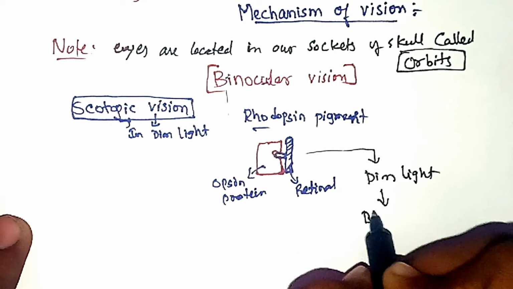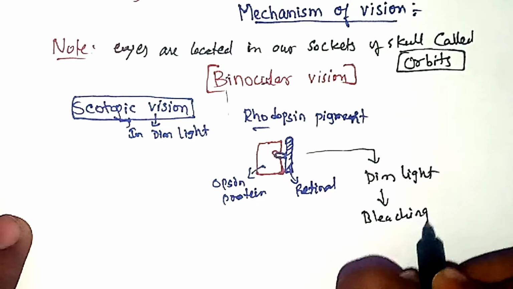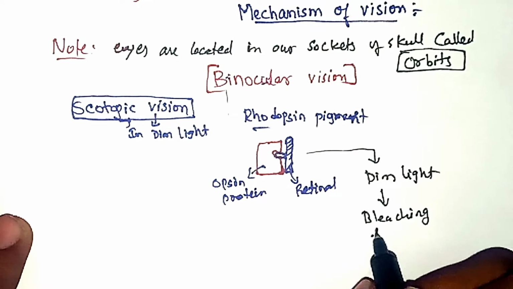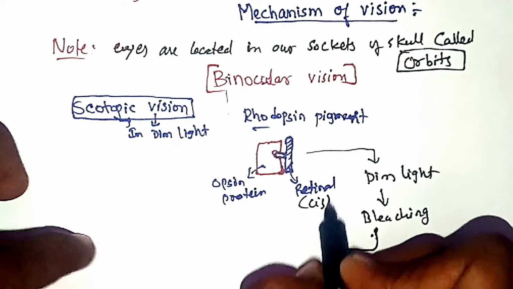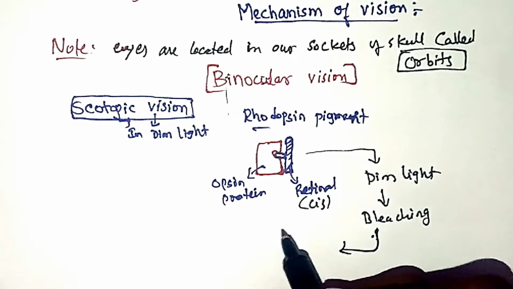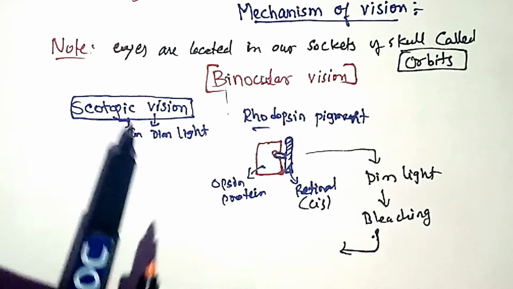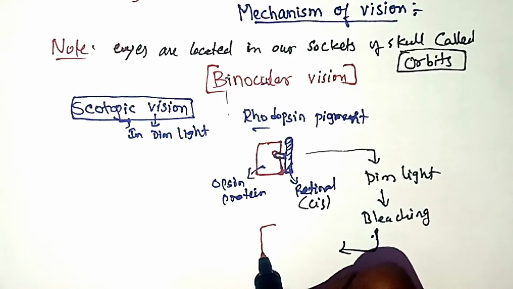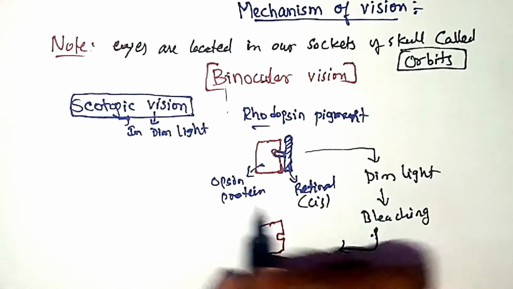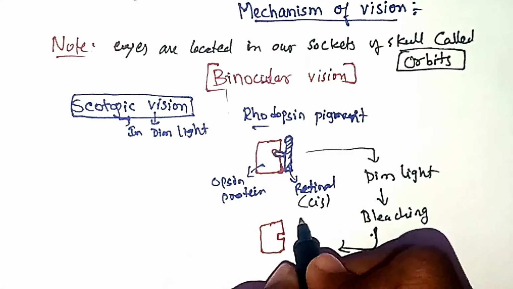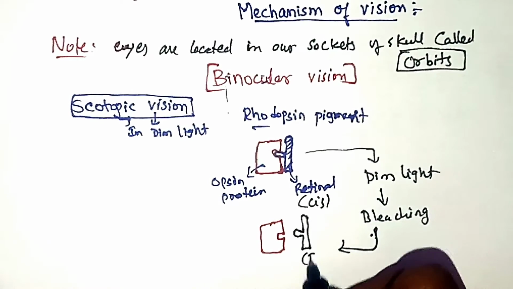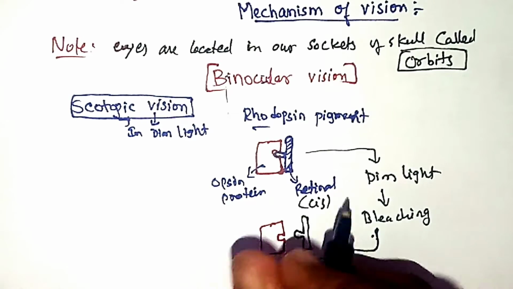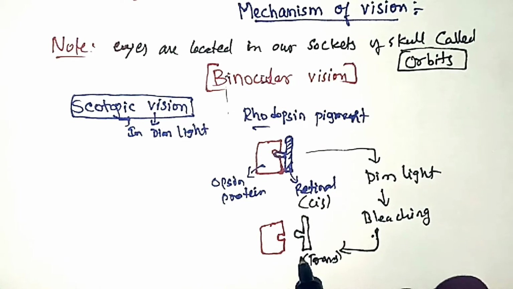Bleaching takes place, by which this, which is in cis form, will convert into trans form. Now sodium channels will activate and open.